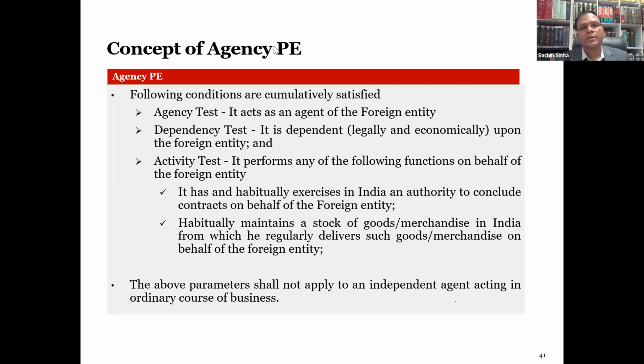Rohit is asking: if the company has satisfied POEM, is it obvious that it has a PE in India? So Rohit ji, basically these are two different concepts. By virtue of place of effective management, referring to section 6(3), we try to make the foreign entity a resident of India, and if it becomes a resident of India, then all the global income would be taxable in India.